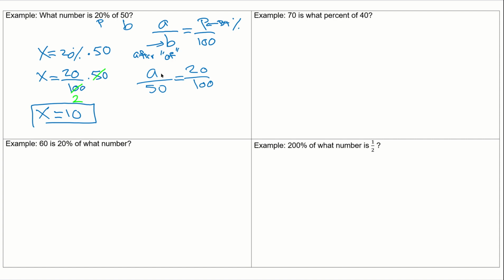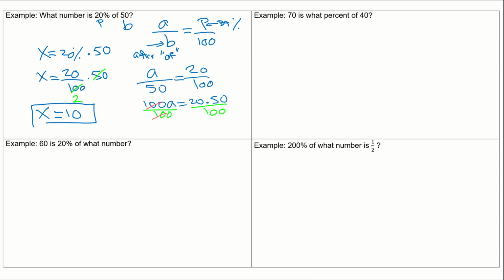So one cross product is 100A, and the other cross product is 20 times 50. Now I recommend you don't multiply it out. Just go ahead and divide both sides by 100 as is, because then it'll be much easier to see the cross cancellations.